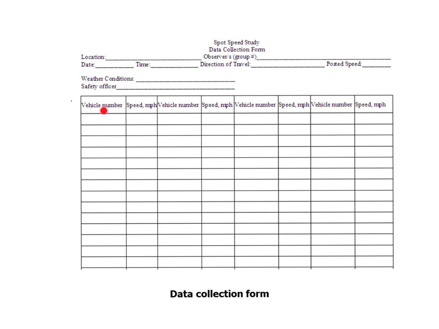Here we also need the vehicle numbers, because we need to know for which vehicle you are noting the speed value. The registration number has to be written here, and the speed value. We need to write it like this for all the vehicles. For example, if you consider 100 vehicles, for all 100 vehicles the registration number and the speed value have to be written here in the data collection form.